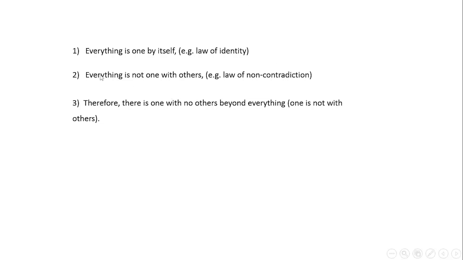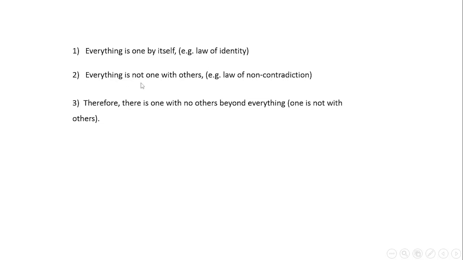Premise 2: everything is not one with others. So a mental and a physical are two things, they're not one with others. So premise 1: everything is one by itself. Premise 2: everything is not one with others, which is the law of non-contradiction. The moment you say other, it means it has an is not or non-being in it, which is that other thing is not this thing anymore.